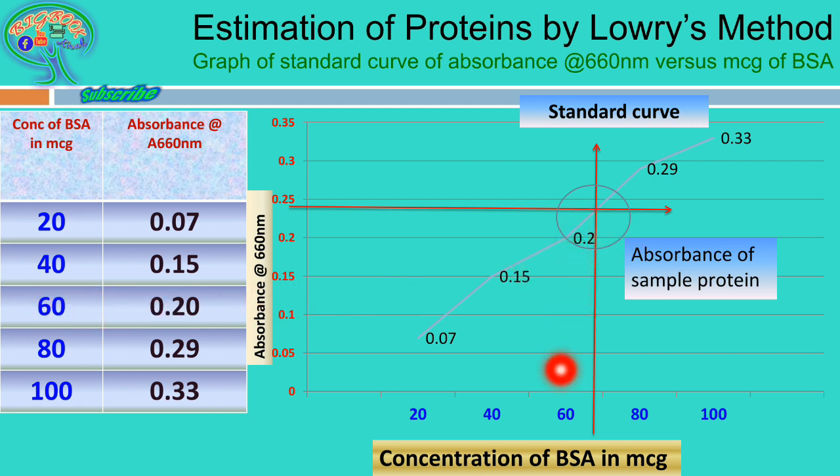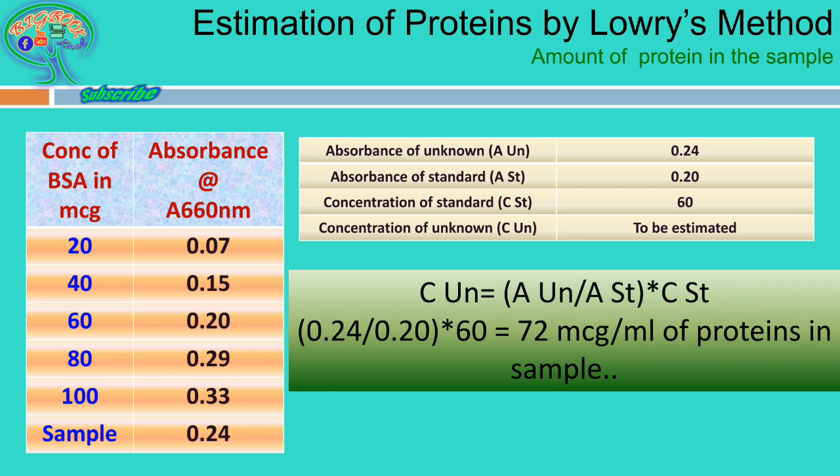So the concentration of the standard is 60, which we saw in the previous slide. After substituting all these values in the formula, we get 72 microgram per ml of protein in the sample. This is the accurate result which we have got in the Lowry's method.